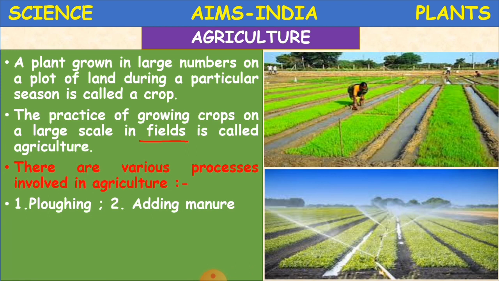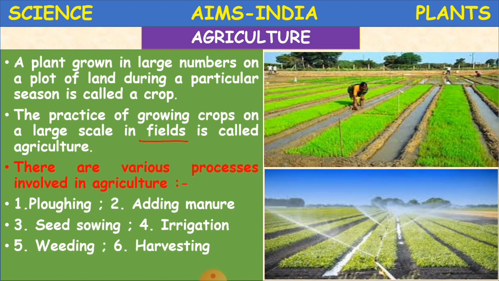The first one is plowing. The second one is adding manure. Third one is seed sowing. Fourth one is irrigation. Fifth one is weeding. Sixth one is harvesting. And the seventh one is storing.